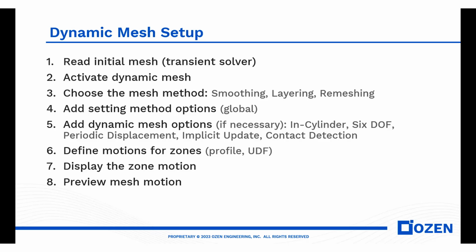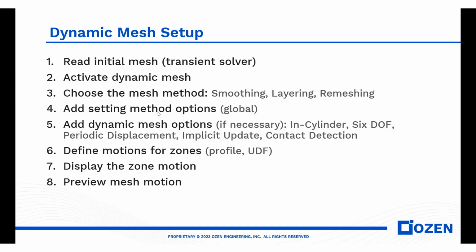The general steps for the dynamic mesh motion process are that first of all we need to read the initial mesh, and we have to set the solver to transient. Then we activate the dynamic mesh, I'll show you how, and we have to choose the meshing method, which could be smoothing, layering, or remeshing.